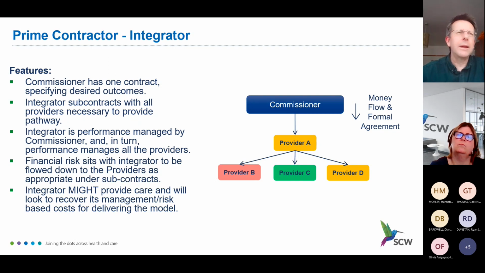But the relationship between the delivery, the key performance indicators, and the reporting is two ways between the commissioner and the prime provider, and they take the financial risk and they ensure that the overall service delivery happens.